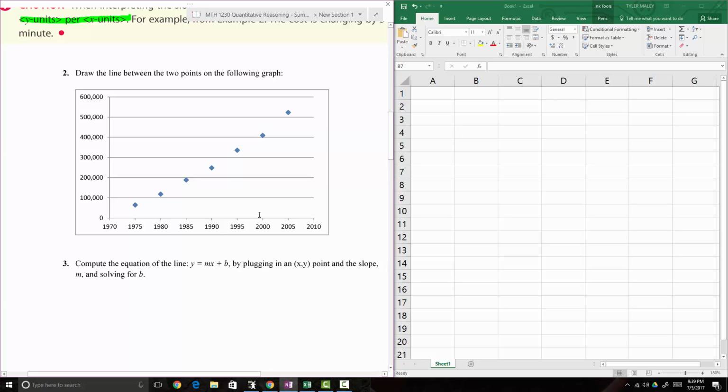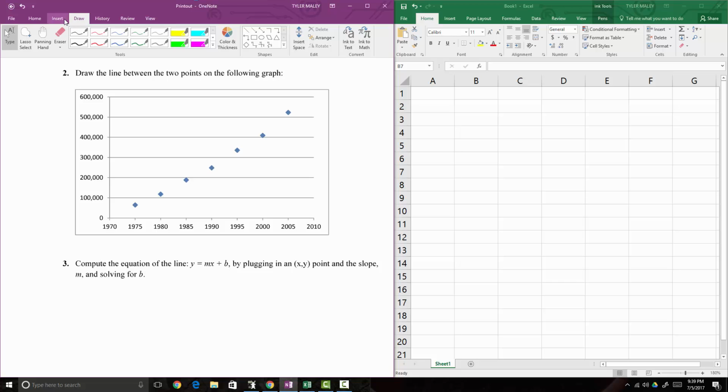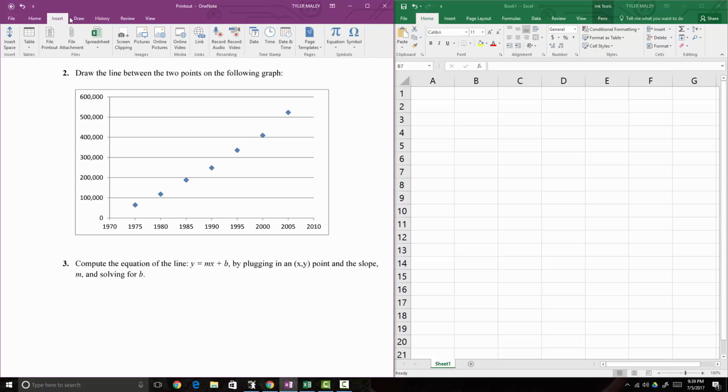All right, so then number 2, it graphed the scatter plot for us, and we're asked to draw the line between the 2 points on the following graph, right? So we're talking about the first and the last point. Let me see if I can insert a line.